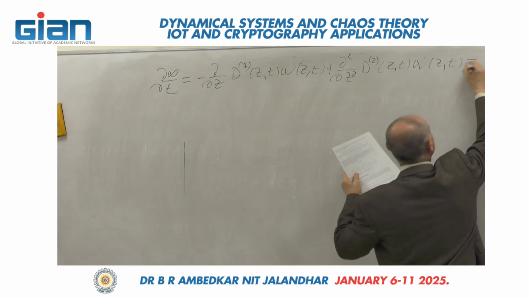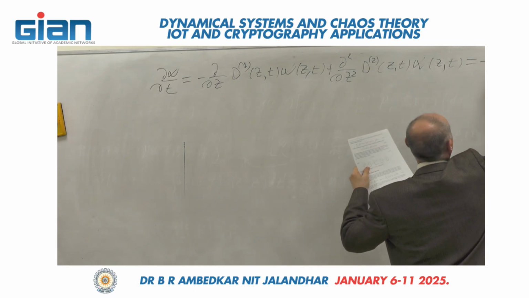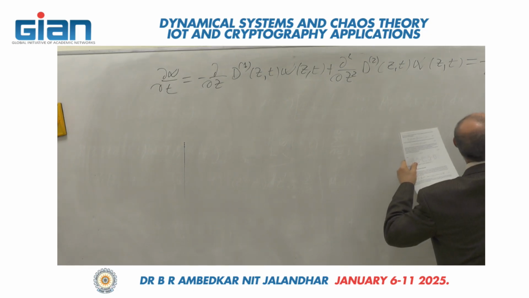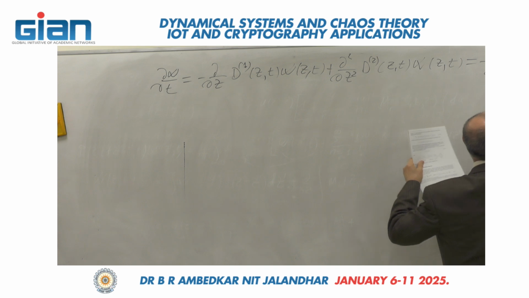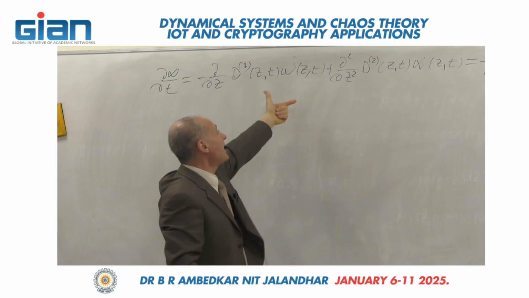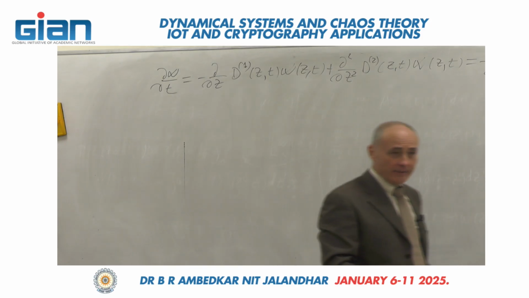Which can also be put in this form, and now you know what it is, minus d by dz j of z and t, where if you factor out one of the derivatives, what is left inside is j.